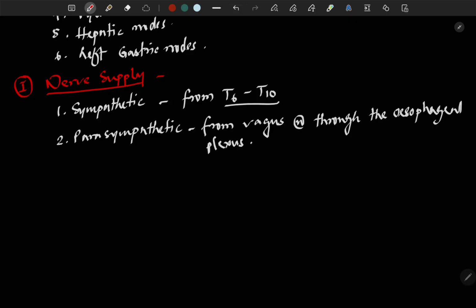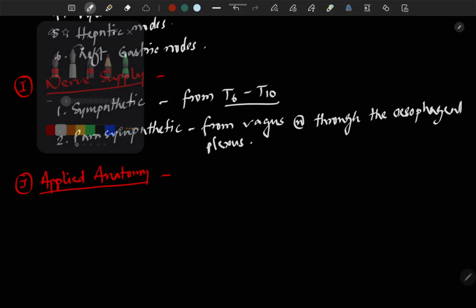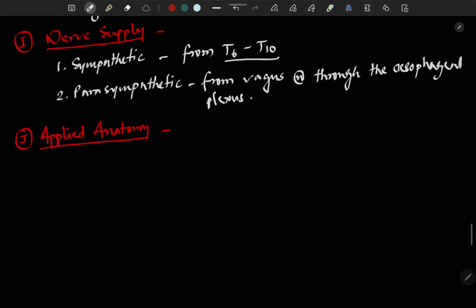Okay, now next and last is the applied anatomy. In applied anatomy, number 1 is hyperacidity.